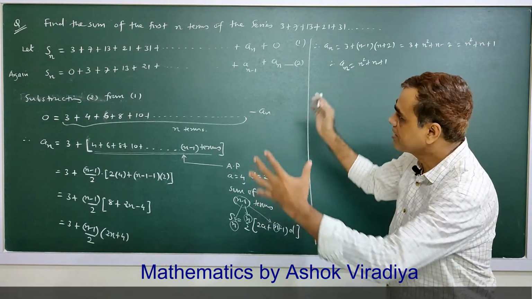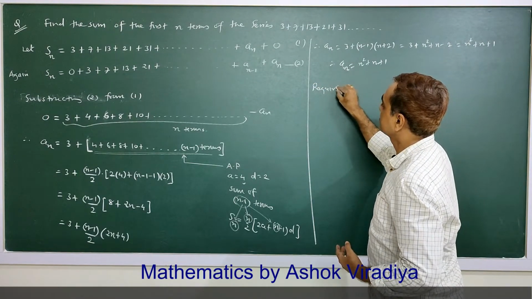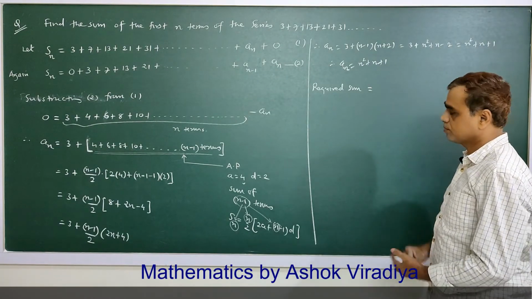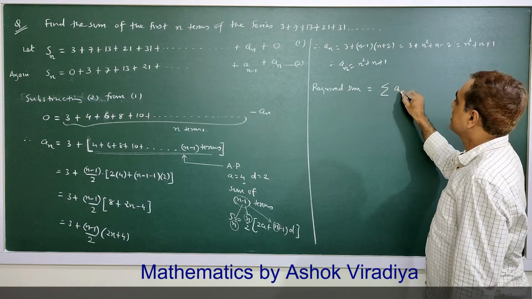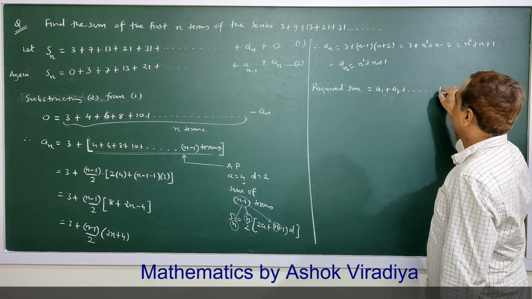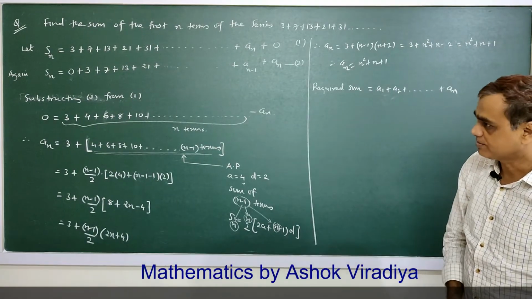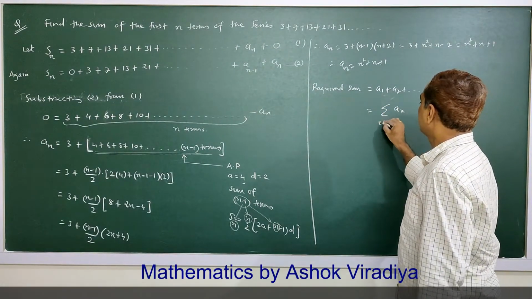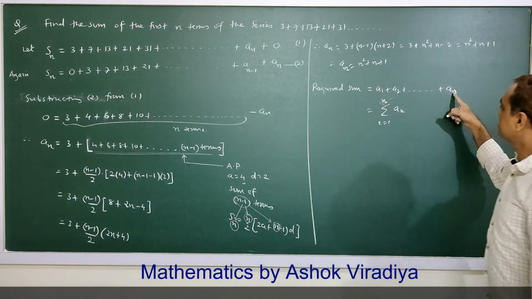So now we are coming to the required sum. So required sum is equal to sigma a, that means a1 plus a2 up to an, sum of n terms. That is the required sum. So that is sigma a k, k is 1 to n. n is replaced by k.